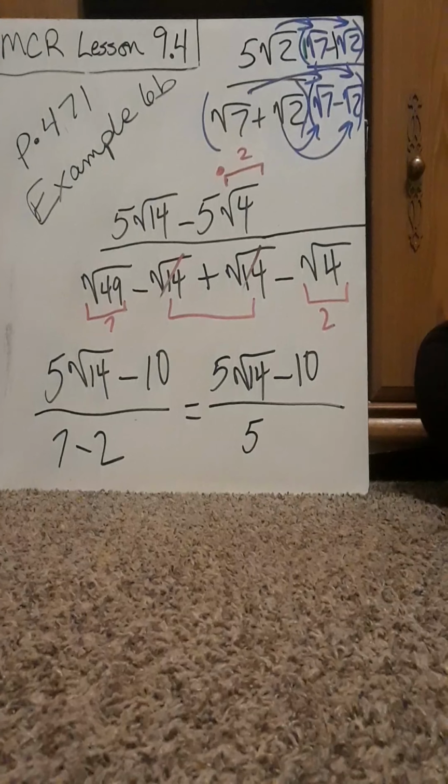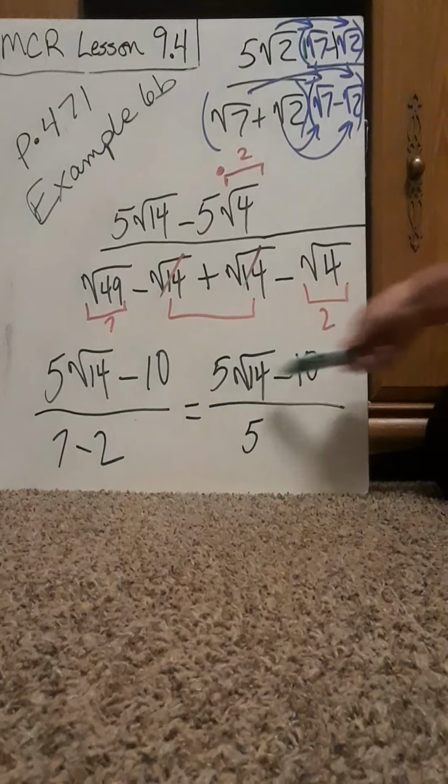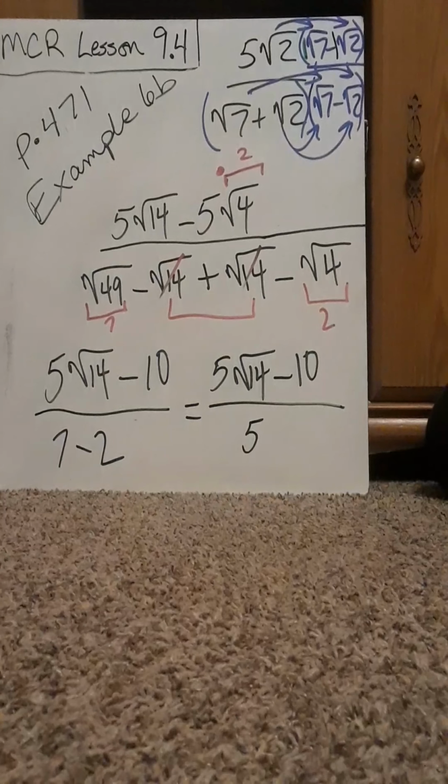Not a whole lot more that we can do here, but there is actually one more thing that we can do to finish simplifying this answer. Look at your numbers outside of your radicals. You have a 5, a 10, and a 5. All those numbers are divisible by the same thing. So this is a fraction. Even though it has a radical in it, it's still a fraction.